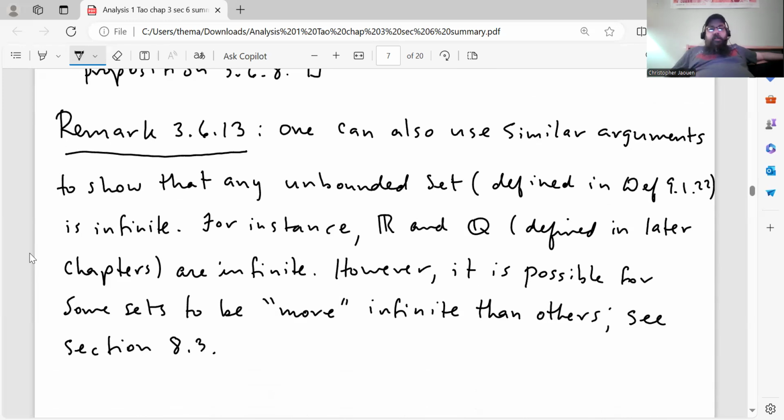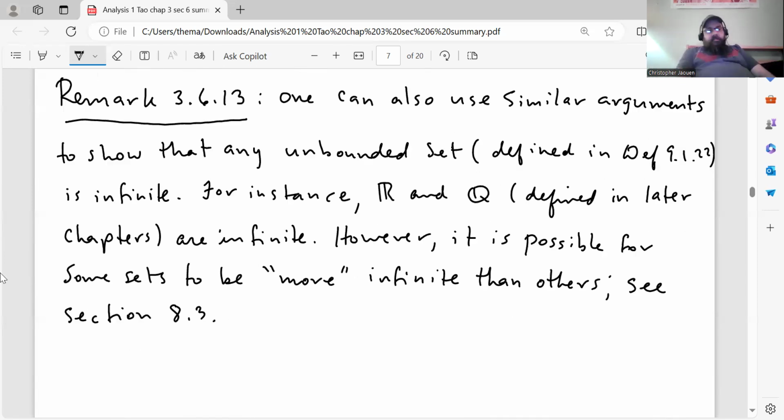For instance, the real numbers and the rational numbers, which we'll define in the next two sections, are examples of infinite sets as well. So are the integers. However, it is possible for some sets to be, he says, quote unquote, more infinite than others. See section 8.3, because that's when we'll talk about cardinalities of infinite sets.